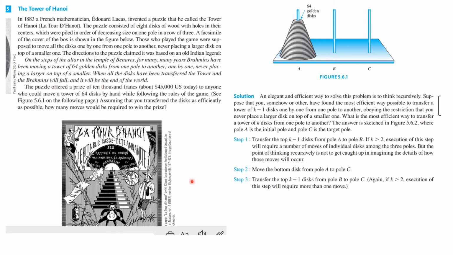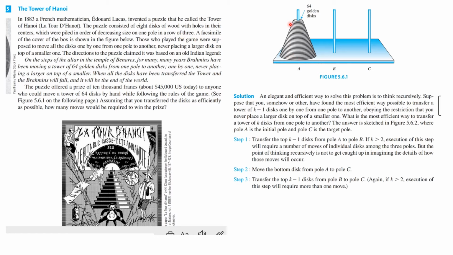Okay, now it's time for us to talk about a very famous puzzle and discrete math problem called the Tower of Hanoi. Lucas, a famous French mathematician, invented a puzzle he called the Tower of Hanoi. It consists of 8 discs of wood with holes in their centers, piled in order of decreasing size on one pole in a row of 3.